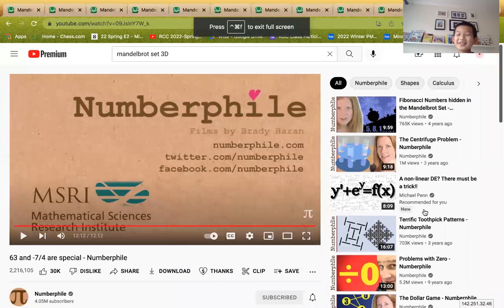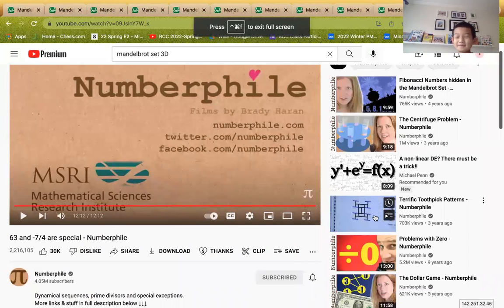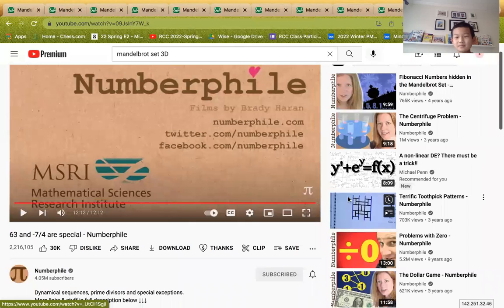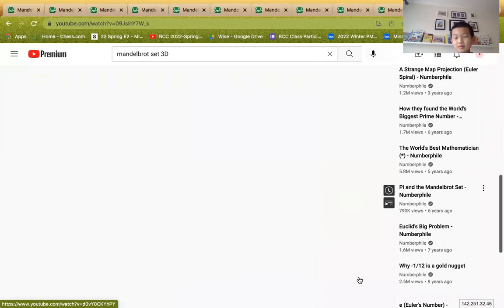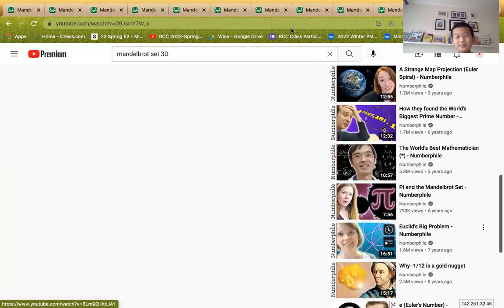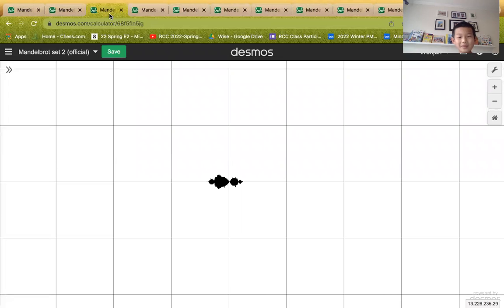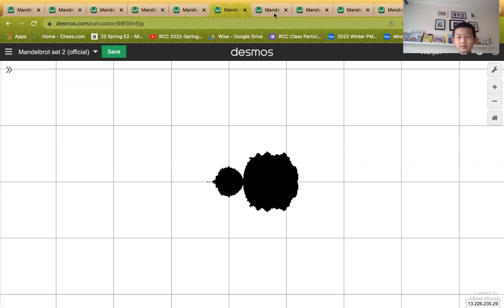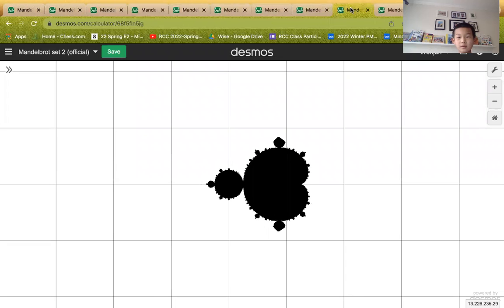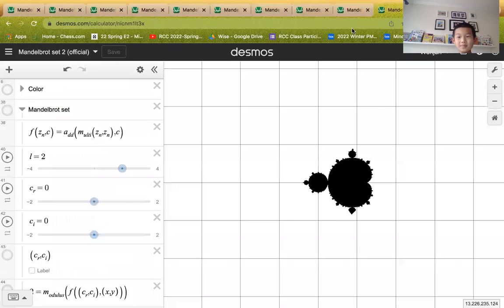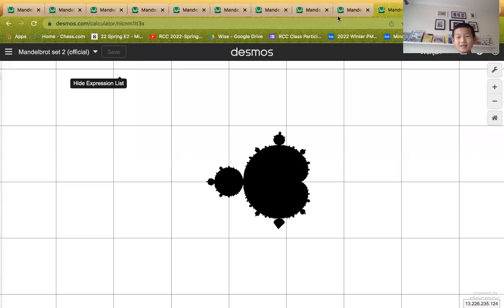But why is 63 special? Anyways, Mandelbrot, wait, hi, what are you? Completed Mandelbrot.